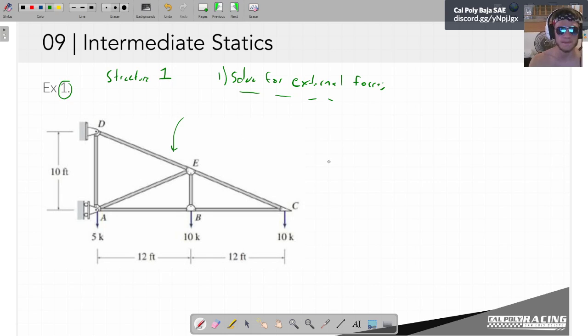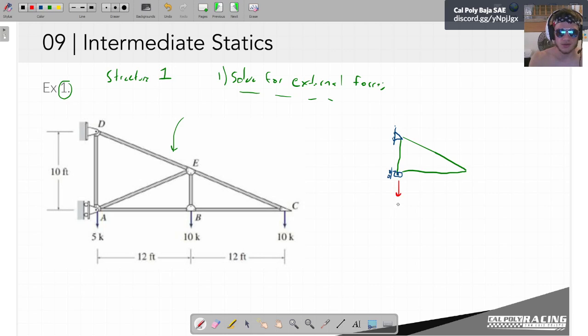So for structure 1, let's draw our free body diagram. And because all the internals are rigid here, I'm just going to draw the external members and call it a day. So we've got a pin joint there. We've got a slider here. And we've got some known forces.